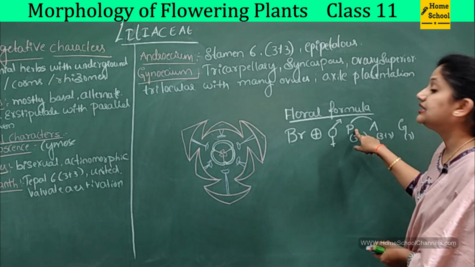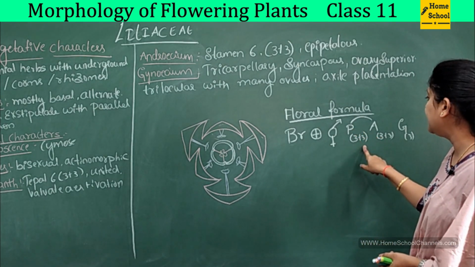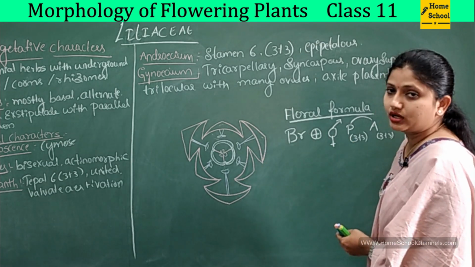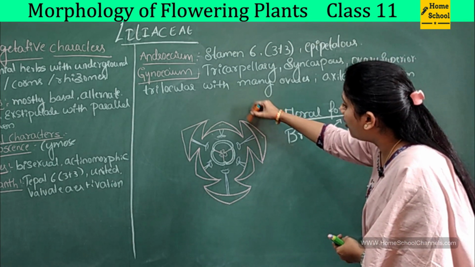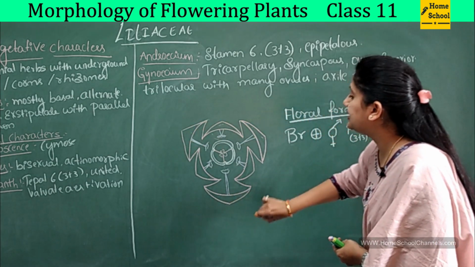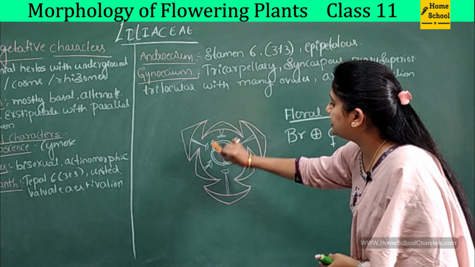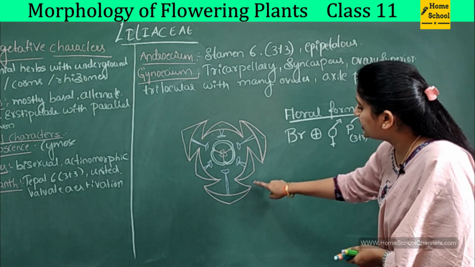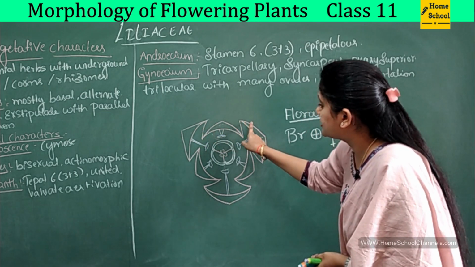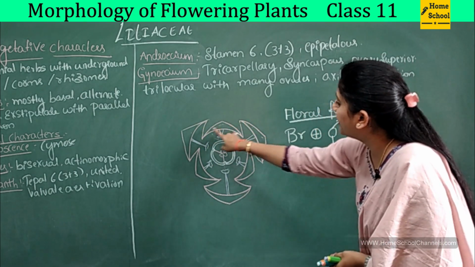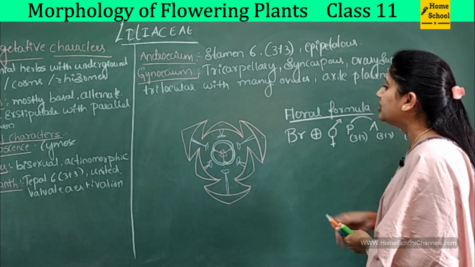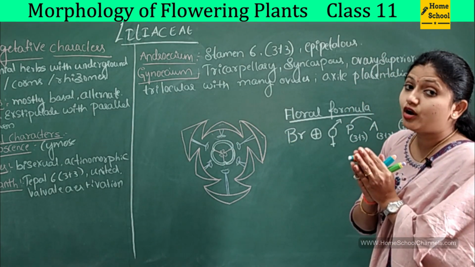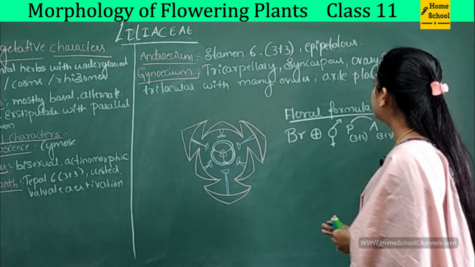Then here petals we have written 3 plus 3. So we will directly relate it to the floral diagram also. See, the outermost, this is 3 calyx or 3 sepals and these are 3 petals. Since it is valvate aestivation, here the sepals are not overlapping, the petals are also not overlapping. They are not united also, they are actually free.